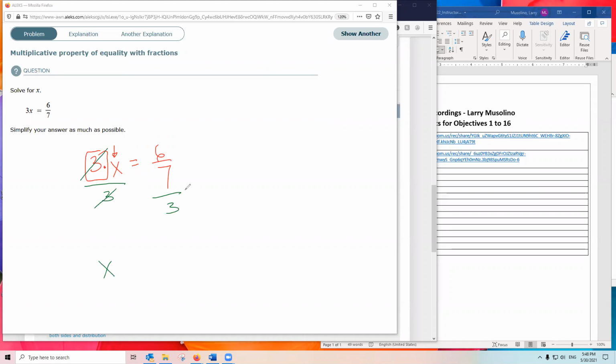Now, on the right side, I'm going to think of this 3 as 3/1. The only reason I'm writing it that way is I want to be able to show that this is one fraction divided by another fraction. Well, to divide two fractions, what you do is you change to multiplication and flip the second fraction upside down.